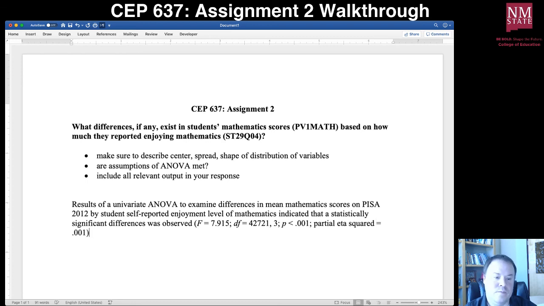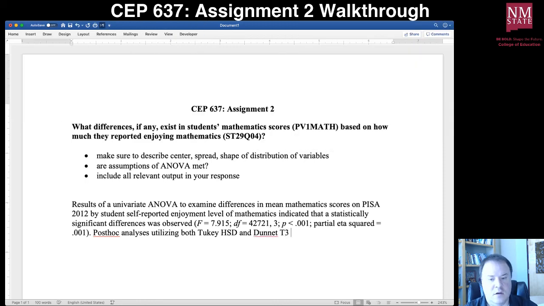Okay. Post hoc analyses utilizing both Tukey HSD and, what did we use? Did we use Dunnett?